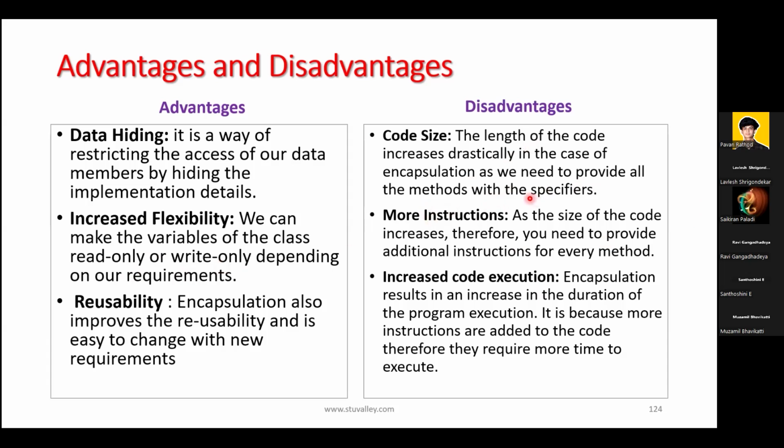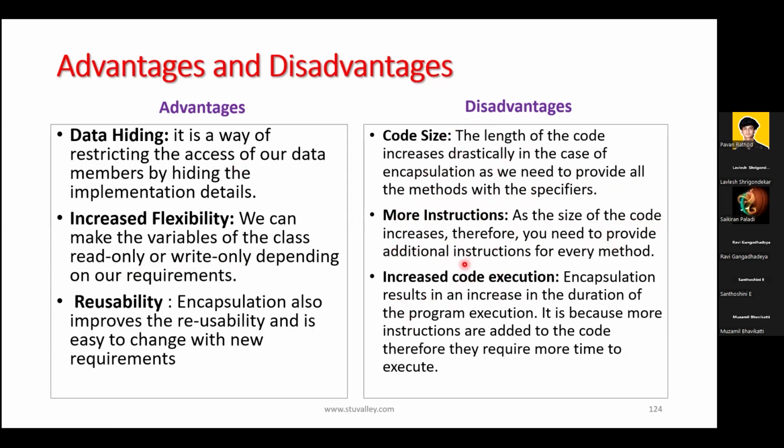You have to write more methods, right? As the size of the code increases, you need to provide additional instructions for every method to return a value and to set a value. This is the disadvantage of using encapsulation.